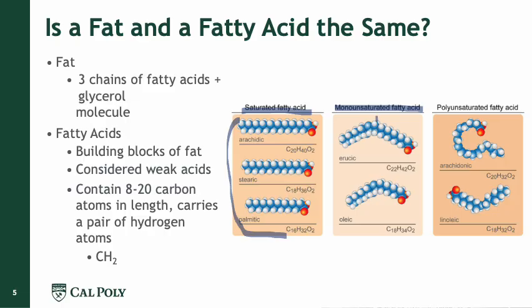So it has 1 unsaturation, or 1 double bond, and we can see that the shape is different, so there's a bend. One of the most common monounsaturated fatty acids is oleic acid. Then we have the polyunsaturated fatty acids, and as the word suggests, poly means many, so more than 1 unsaturation. We have a different structure, as we can see here, and linoleic fatty acid is one of the most common polyunsaturated fatty acids.